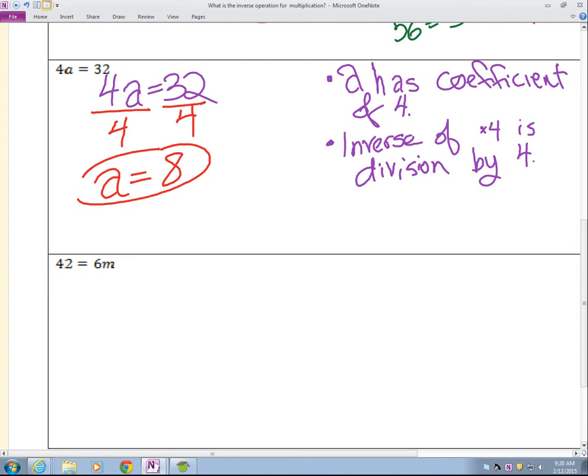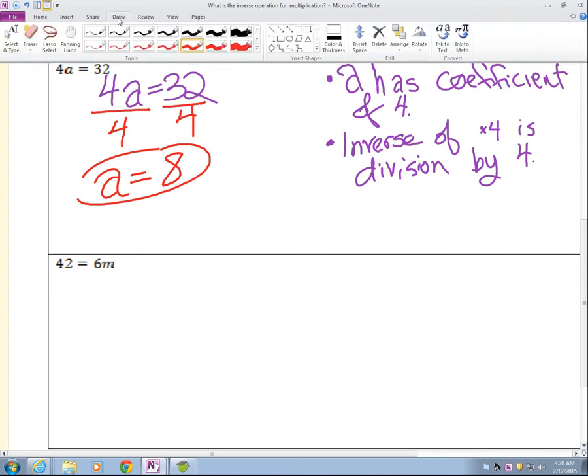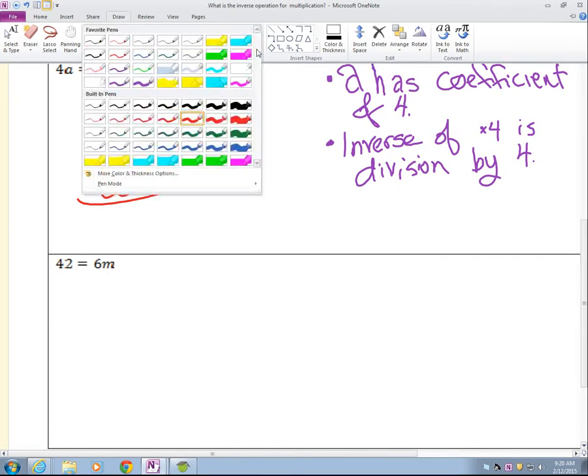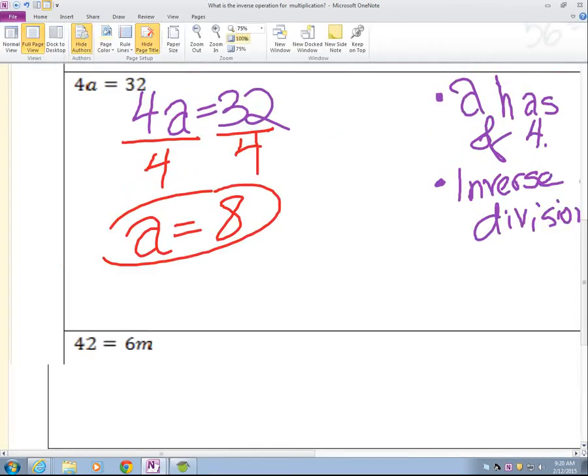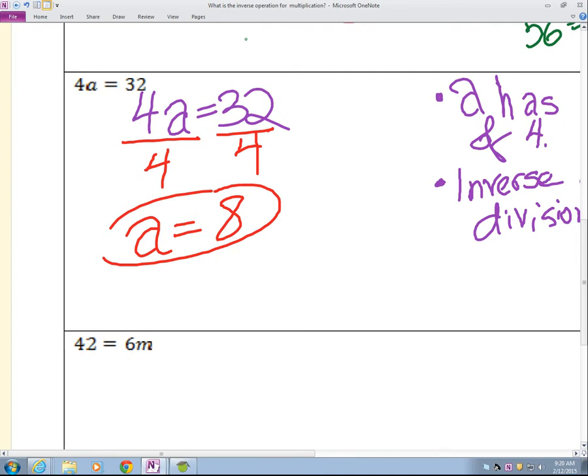Let's check ourselves. 4 times 8 equals 32. I'm going to make that green. And it checks out. We're good. We're so good.